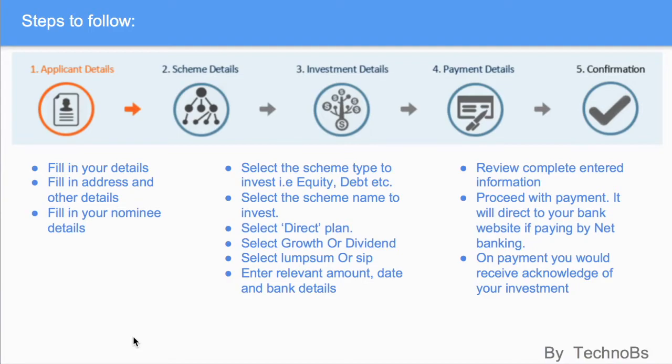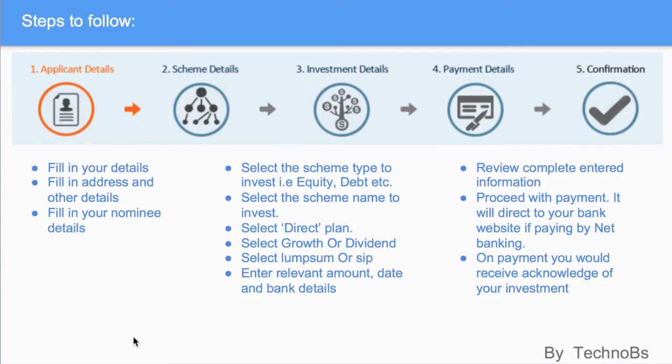Now, scheme details and investment details. Once you fill in all your information, you'll be taken to the next step, which involves you choosing which category of mutual fund scheme you want to invest in. That will be equity mutual funds, debt mutual funds, or other mutual fund categories.